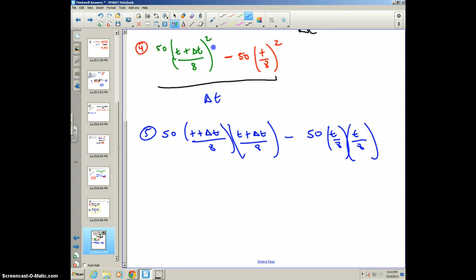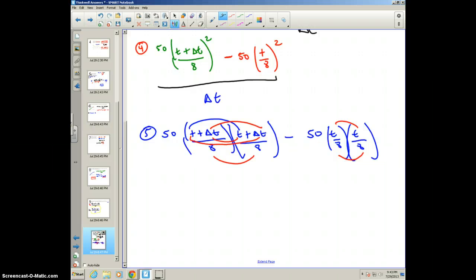Basically what we're going to do is FOIL all of this out. So multiply the inner term, t times t, then t times delta t, plus delta t times t, and delta t times delta t. Very confusing. And then multiply the 8s together. Here we're going to do t squared over 64.